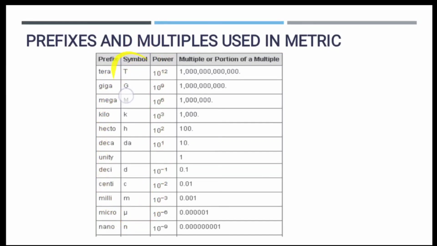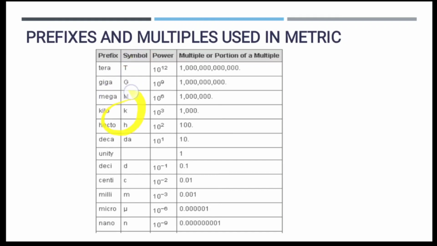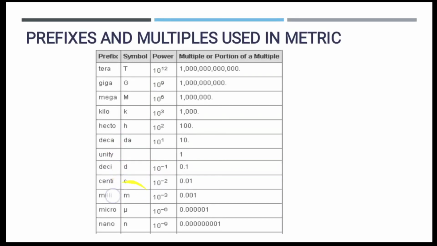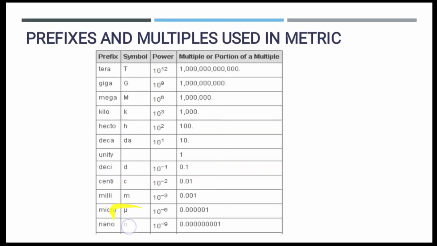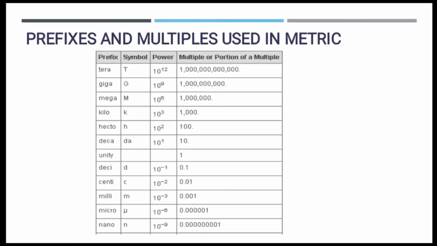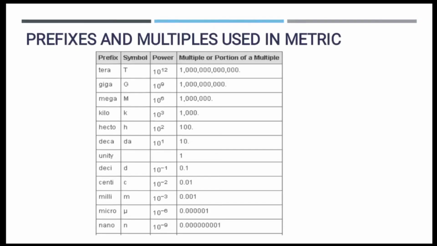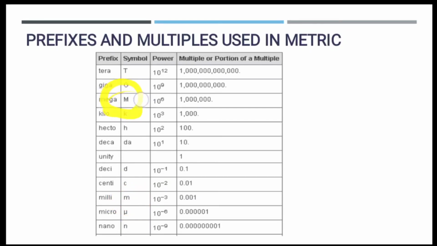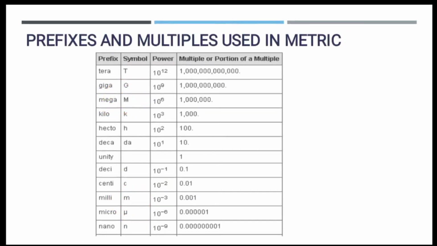We have capital T, capital G, capital M, small k, H, DA, D, C, M, then mu, N. Okay, you have to put a unit in every measurement properly. For example, small m and capital M. You have to be careful on that. You have to familiarize every symbol.